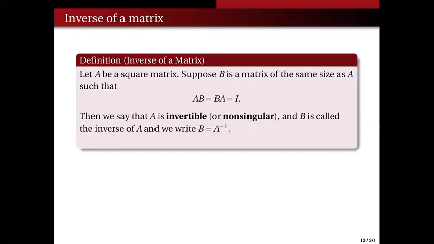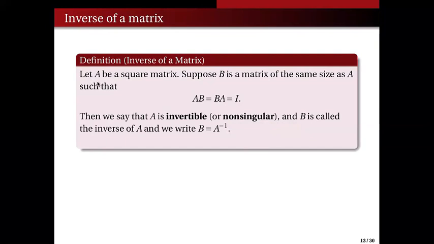For example, when they see C A inverse, they write C over A. This does not make sense in the set of matrices. A lot of students write it this way, and that is not valid.